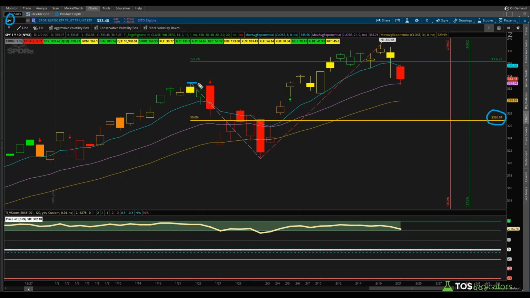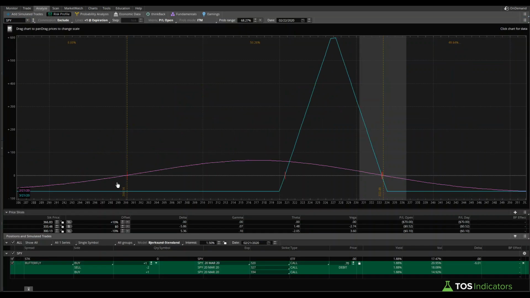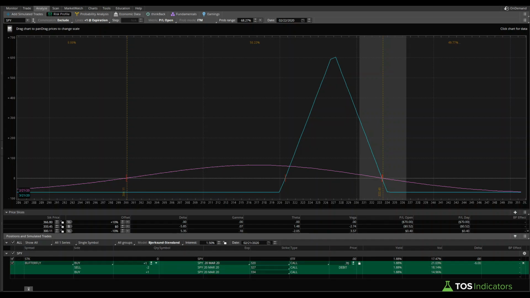And if we draw a time series as well between this swing high and this swing low, and we measure that from this swing high, and that low comes in right around February 29th, 20. So you'd want to get options that are at least outside of February 29th, 20, and the March monthly seem to make the most sense. So if we look at a potential butterfly example, that could be something like the 327s with wings at 320 and 334, so $7 wide, which gives you a risk of right around 70 cents.